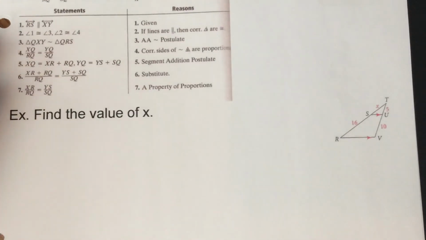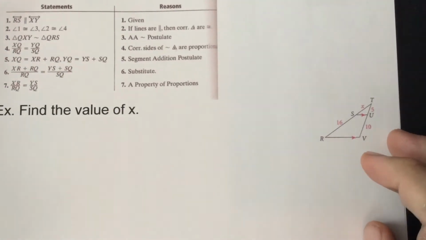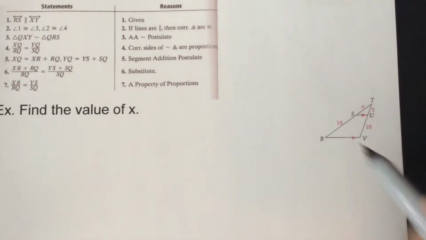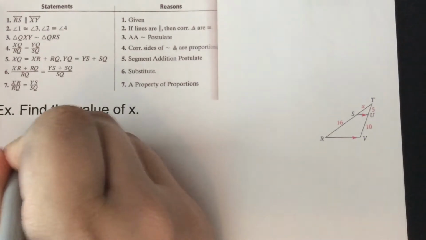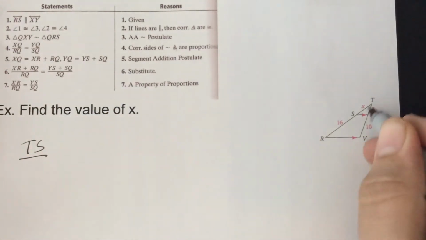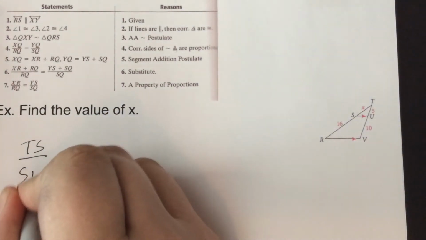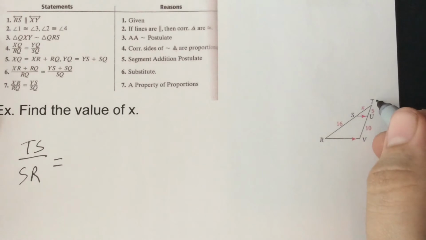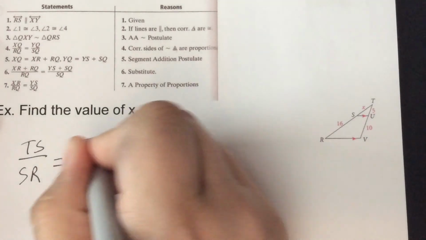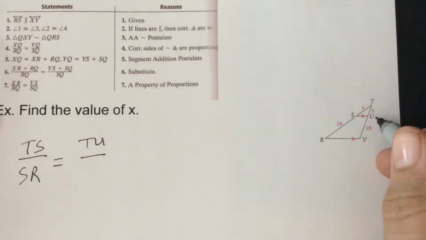We're going to use that to find this value of x. I probably should have made that bigger, and I'm sorry. We're looking at our top part, which is TS, over this bottom part, SR. You don't necessarily need to write this down, but if it makes it less confusing, go for it. The other side, we would have TU over UV.